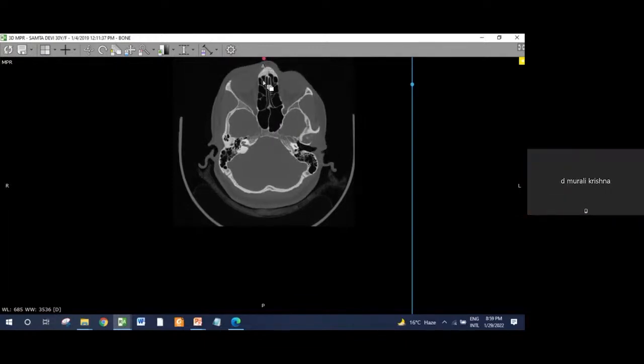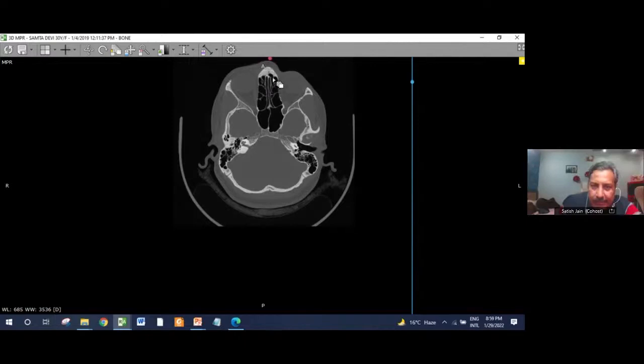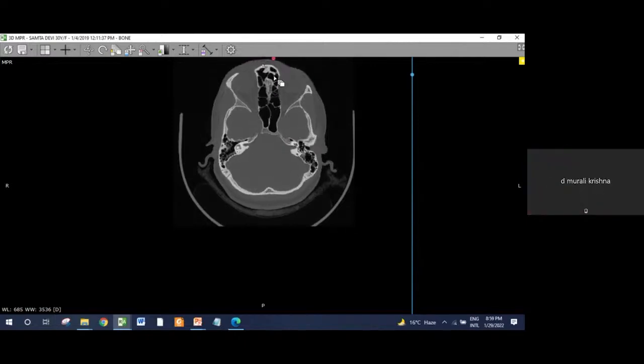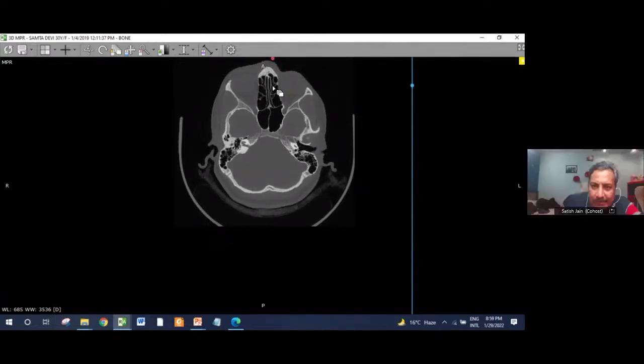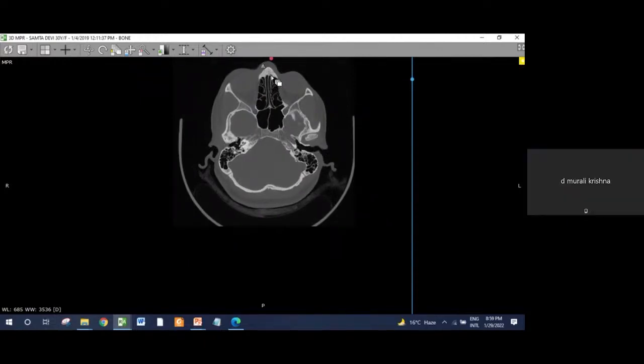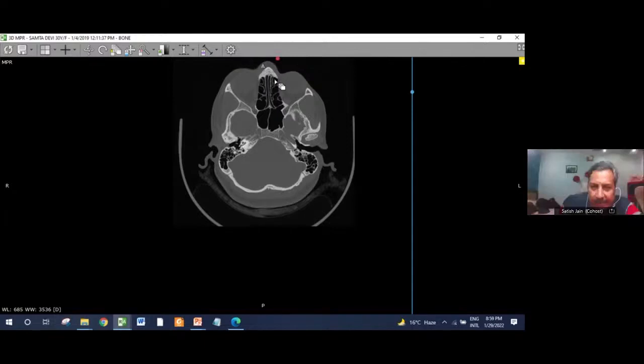And see, this is the complete pathway. Okay, sir. So the best way to see the drainage pathway is the axial plane actually. It gives you good mediolateral information about the size of the Agger nasi or size of any frontal cell responsible for blockage of the drainage pathway.